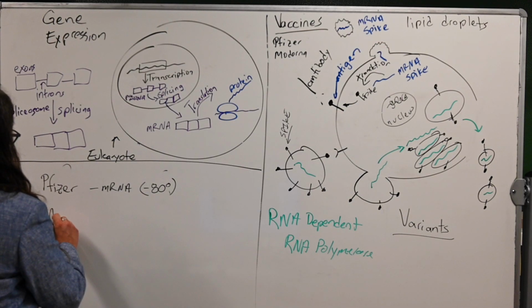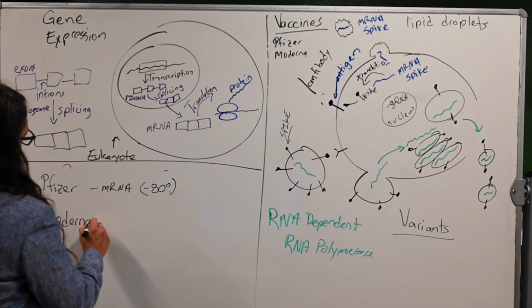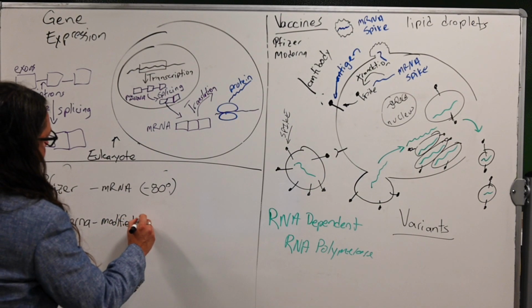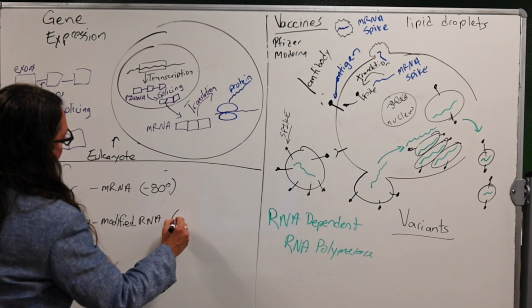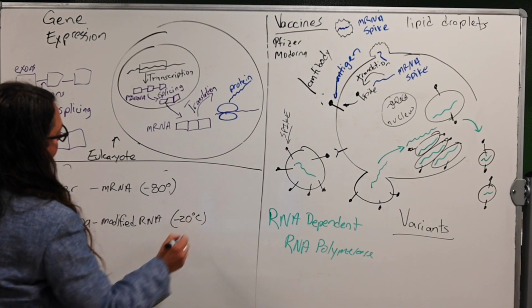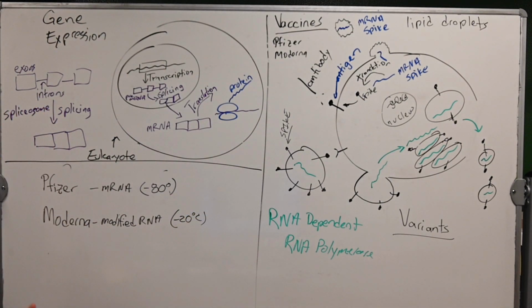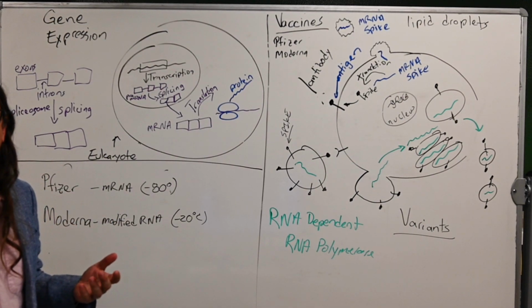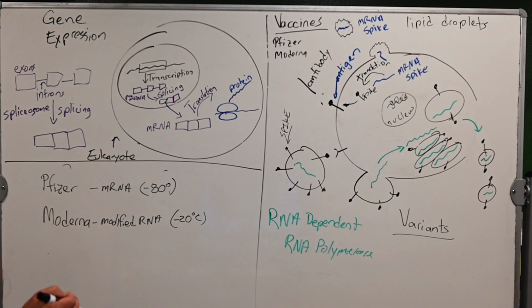The Moderna is a modified RNA. And so it's okay at minus 20 degrees Celsius for long-term storage and can survive high temperature, meaning room temperature, for longer periods of time. So why is this?